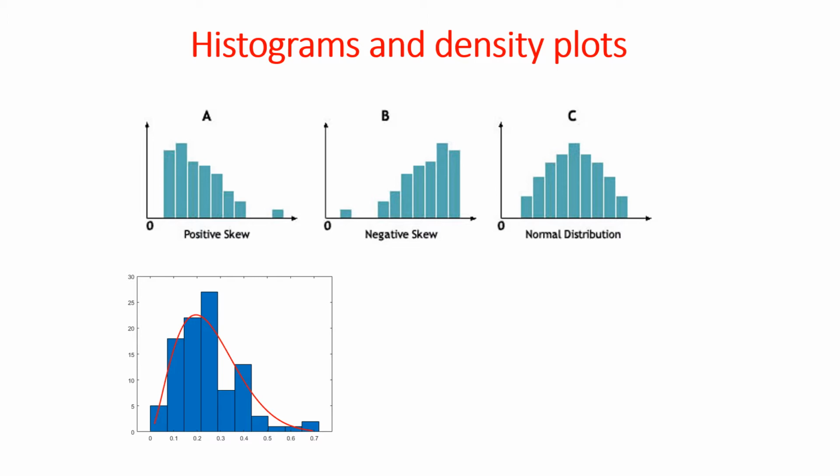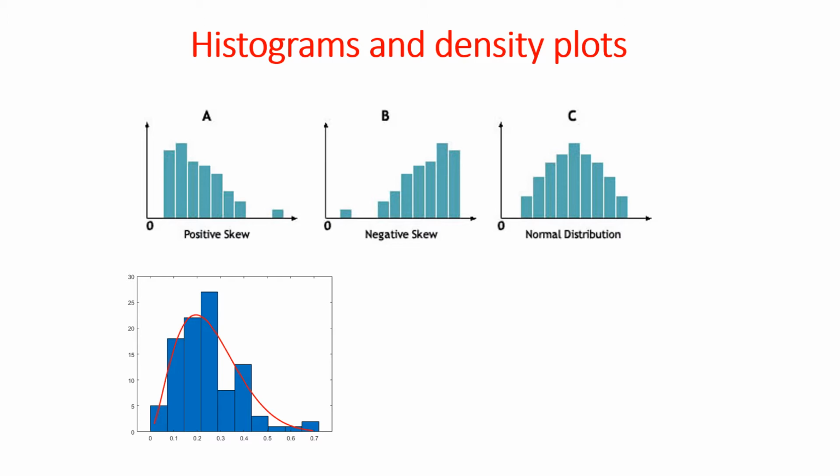For example, if you look at histogram C, you could easily see that your data is following a normal distribution because it's a bell-shaped curve. However, if you look at histogram B, you could easily see that it's a negatively skewed histogram where a lot of data is clustered on the right side of the histogram.